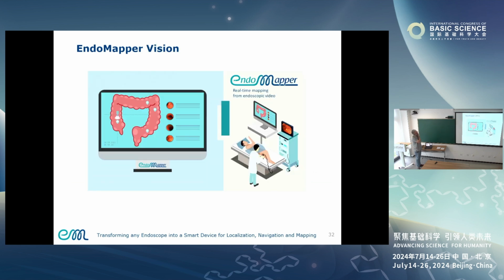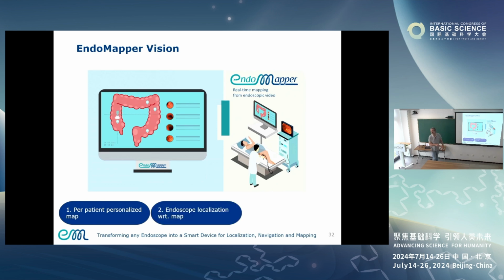Well, then there is a European project called Endomapper, in which this research is being done, and this is our ambition. When you are having a procedure, the doctor sees the procedure, but also sees a map which is specific to the patient.